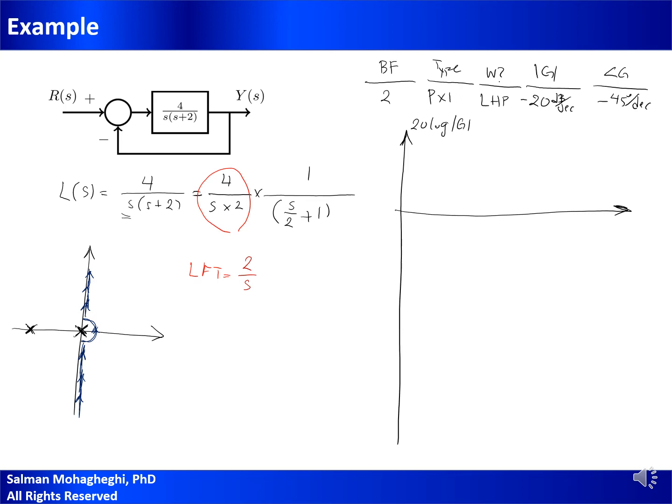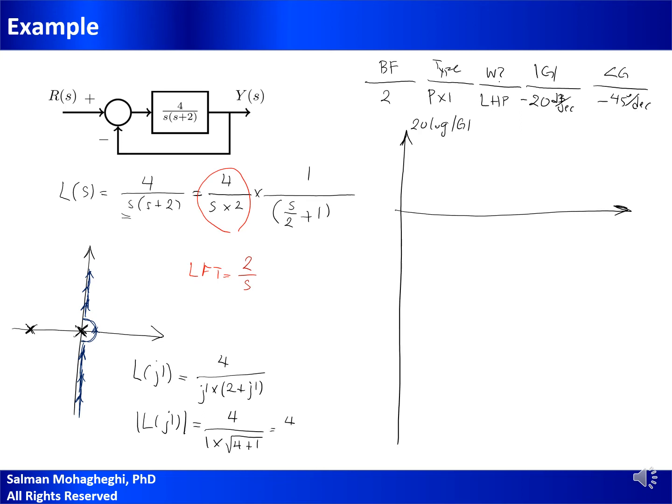So for the low frequency term, let's say I find its value at one particular frequency which is less than my break frequency. So let's say a frequency of 1. So what is L at j1? It's going to be 4 divided by j1 times 2 plus j1. So the magnitude of L at frequency 1 is going to be 4 divided by 1 times the square root of 4 plus 1.